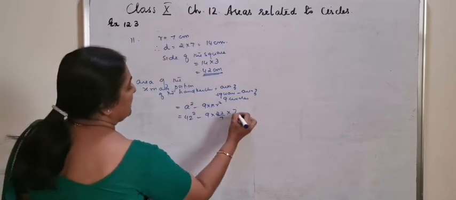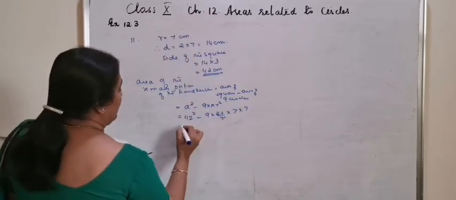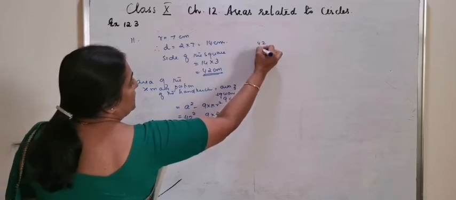Radius of the circle is 7 into 7. 42 square. 42 into 42.